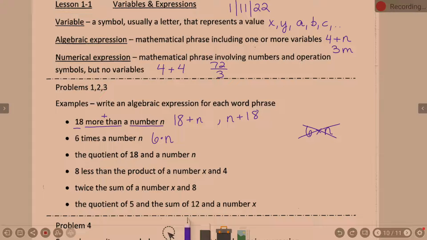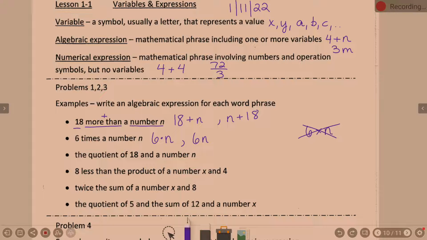Or right, you can do the n times 6. 6n, is that multiplication? Yes. That's actually probably my preferred answer, but I would take 6 dot n. You could do n dot 6, you could flip them, yes.